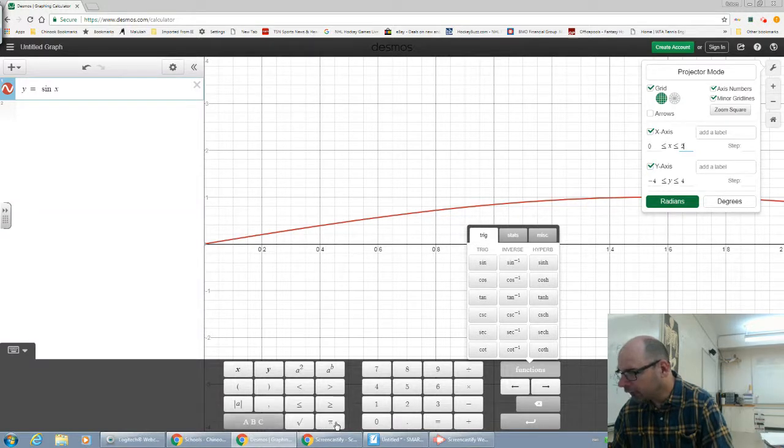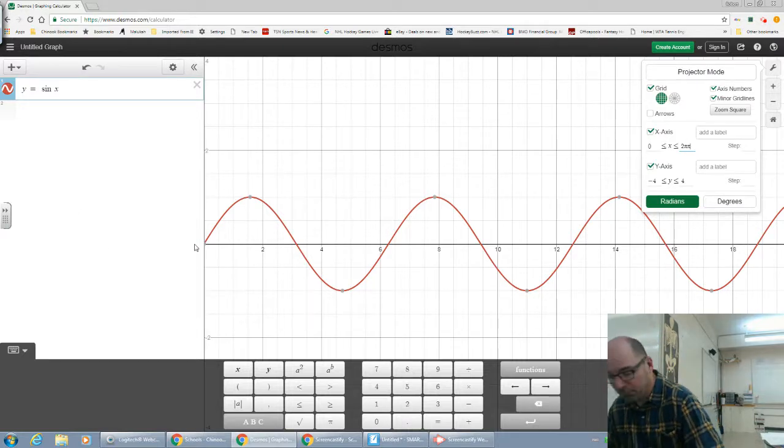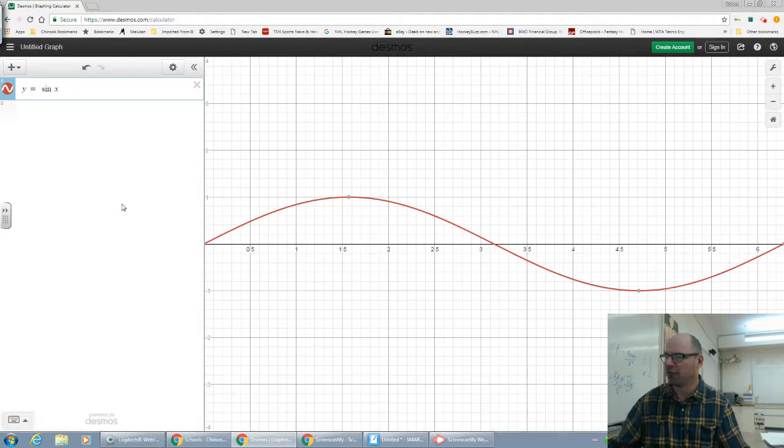Oh, there it is right there. 2 pi. I did two pi's. So there's 2 pi. So you notice that if you put it in radians, that's 2 pi radians, 6.28 something, right? 3.14 times 2.